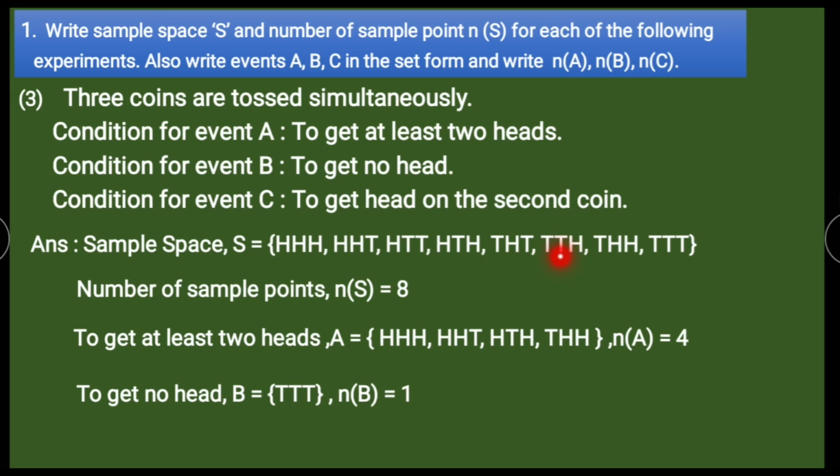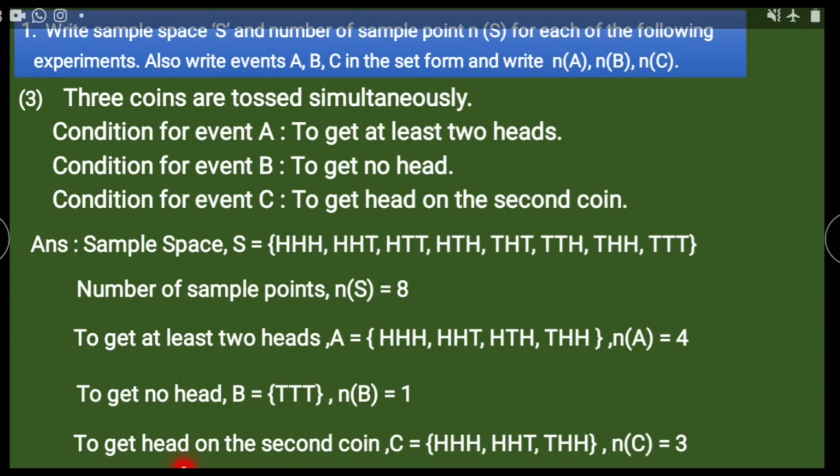Here tail is at second position, so we cannot select this. Here head is at second position, so we select this element, and in the last element there is no head, so we exclude that element. So we write here HHH, HHT, THH as the elements of set C, because we require head at second position, and for all these three elements head is at second position. So n of C equals 3.